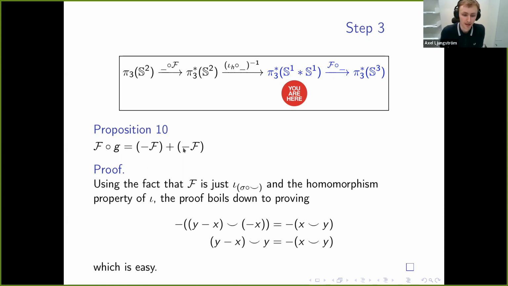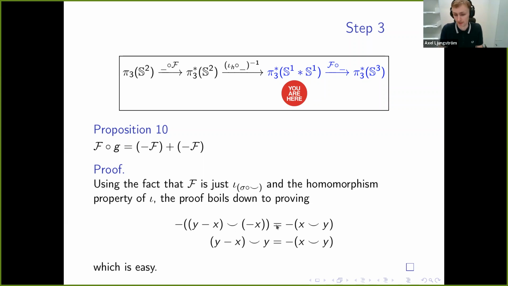But using the fact that F is defined in terms of the cup product, and also using the homomorphism property that I talked about with this Iota guy, this whole statement can be reduced to some very basic identities involving the cup product.